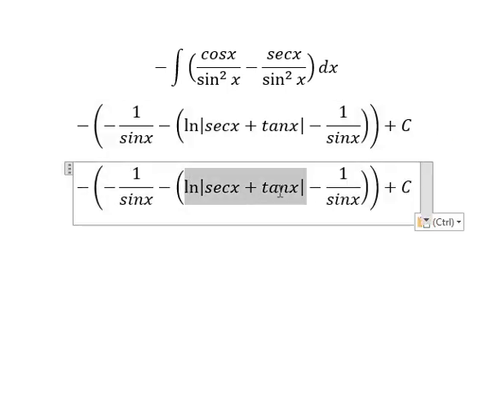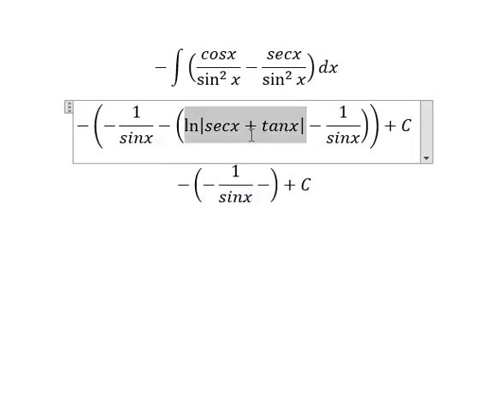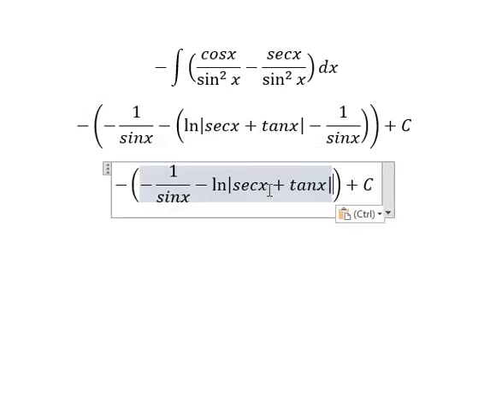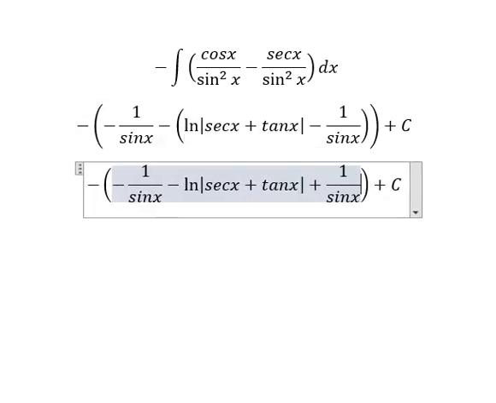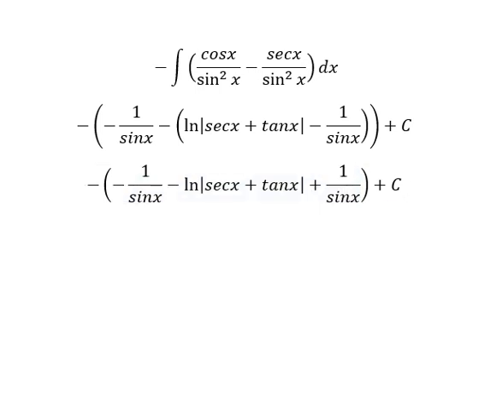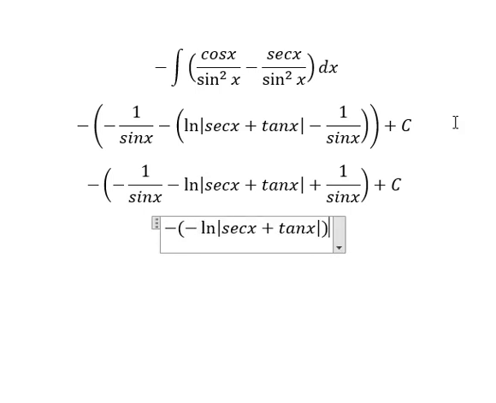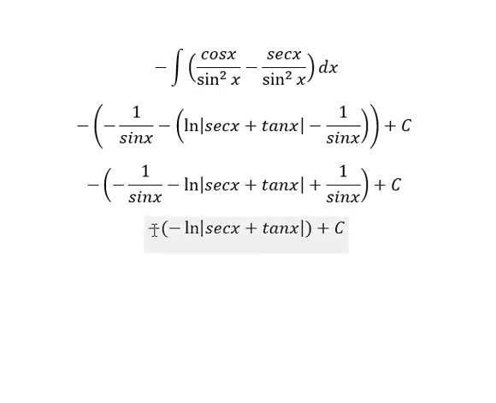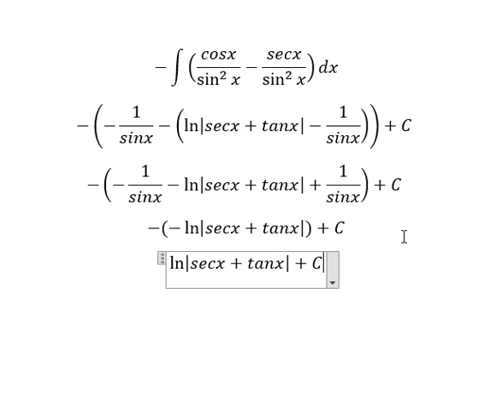Negative of this one, negative with negative of this one, we have positive. We simplify this one with this one, so we just have this one left. Negative, negative, we have positive. And that is the final answer.